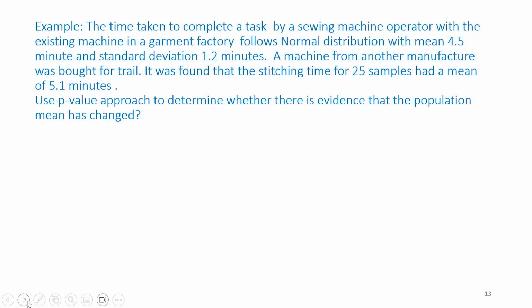Then a machine from another manufacturer was brought for trial. It was found that the stitching time for 25 samples had a mean of 5.1 minutes. Use the p-value approach to determine whether there is evidence that the population mean has changed. That is the question that is being raised.